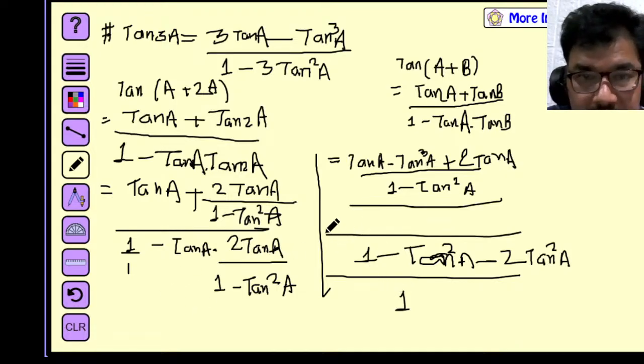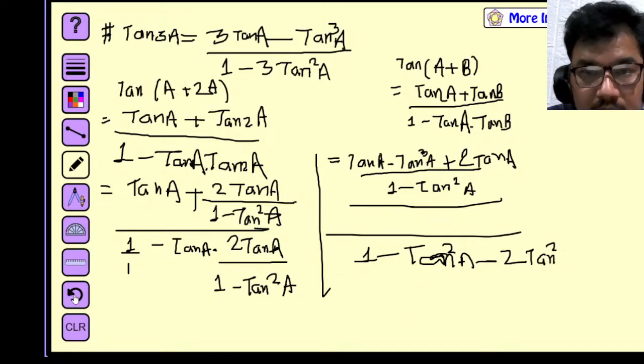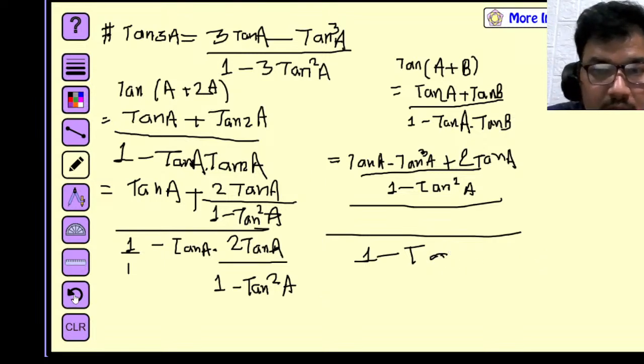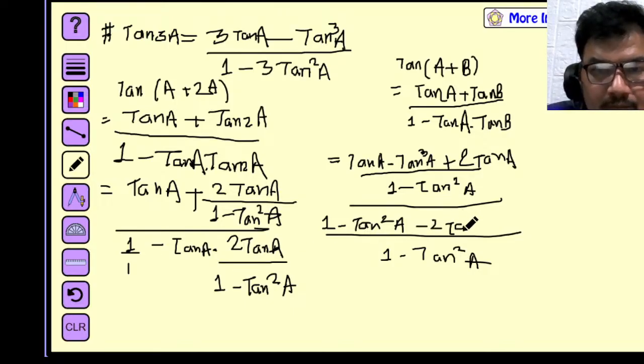This line I have written is extra, so let's do it once more. Here we have taken the LCM 1 minus tan square A. When you multiply this with 1, it will be 1 minus tan square A, and minus tan into 2 tan A, 2 tan square A. Now we can cancel this and this.